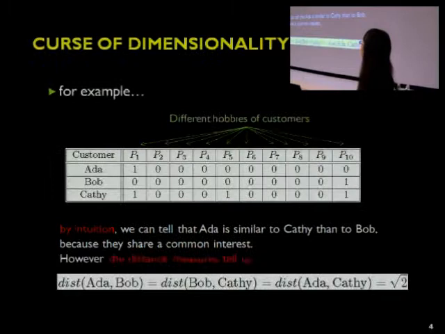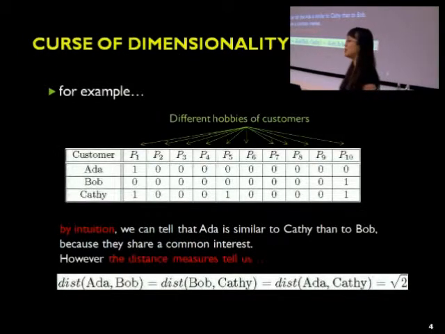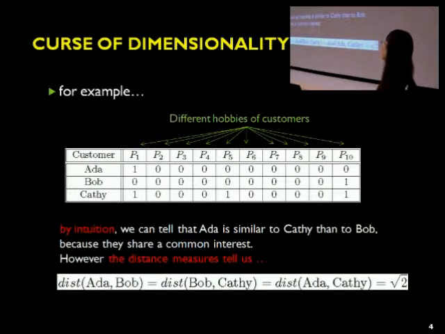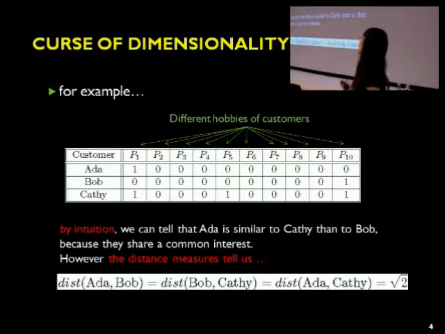However, if we apply some standard distance measure, we may end up with a different story, because if, for example, you apply Euclidean distance on this data set, the result will tell you actually the distance between all pairwise customers are exactly the same. So this is already a simplified version of data. In reality, you have long and unified meanings of attributes in most of the cases. So this is one of the major problems with high-dimensional data.